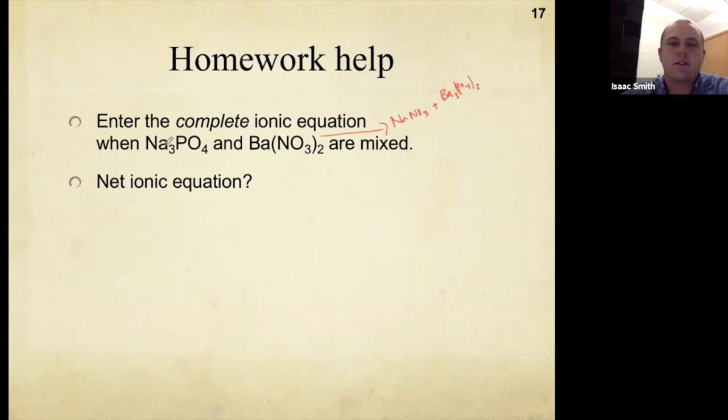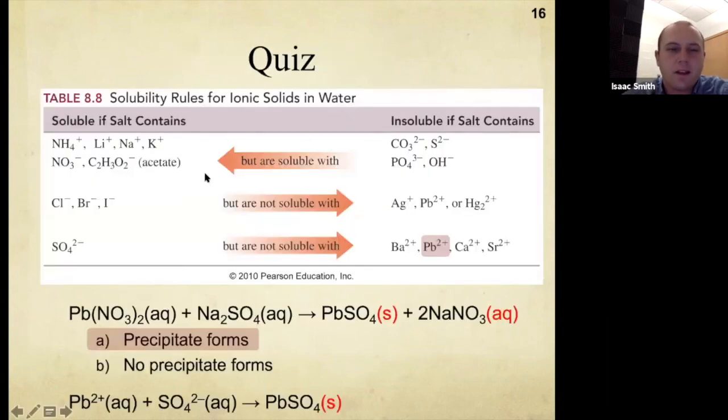So we have sodium phosphate, barium nitrate, and then sodium nitrate and barium phosphate that we want to check. The first one was sodium phosphate. Always start on the beginning side of the arrow, which is where you want to start for each of these.